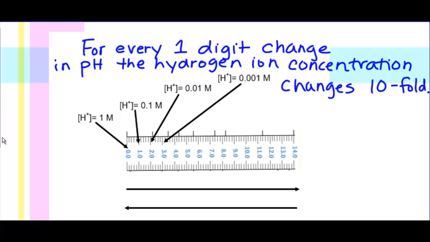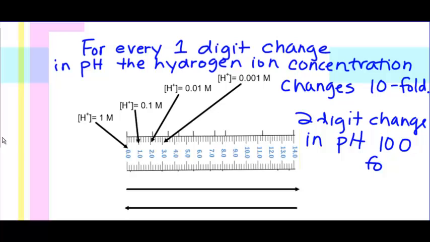So if you have a 2-digit change in pH, that's a 100-fold change in H+. And guess what a 3-digit change in pH would be? A 1,000-fold change in H+.